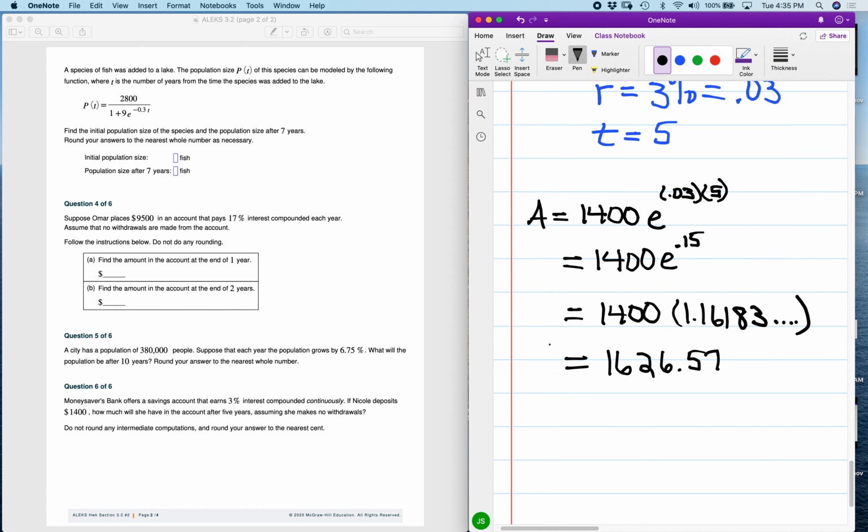So if Nicole puts in $1,400 today and the account draws 3% interest compounded continuously, then after 5 years we have a growth of over $200 in interest, going from $1,400 to where the account balance is going to be $1,626.57.